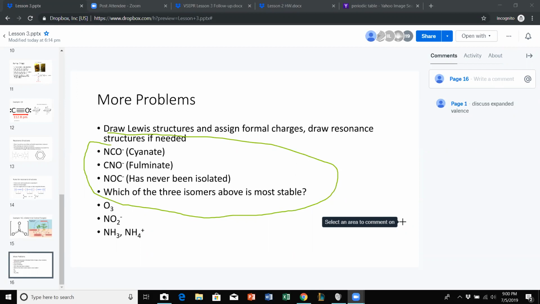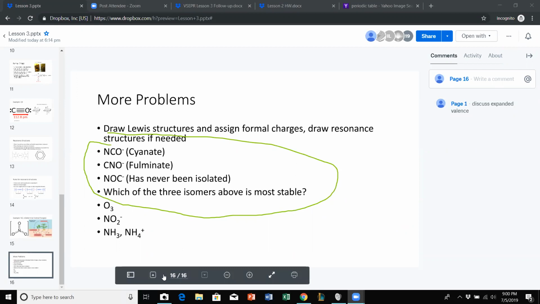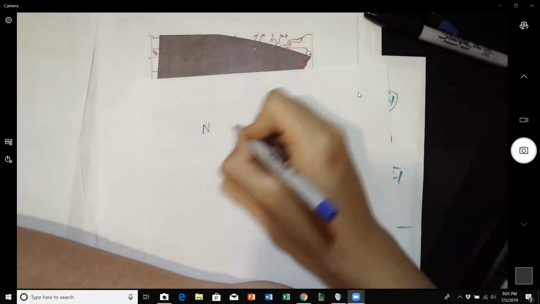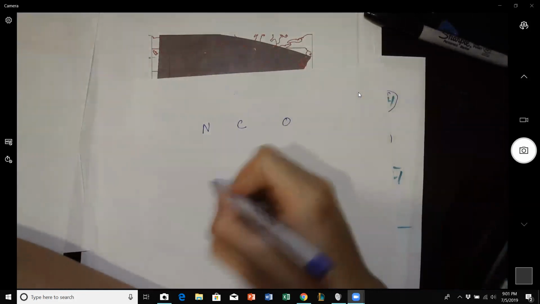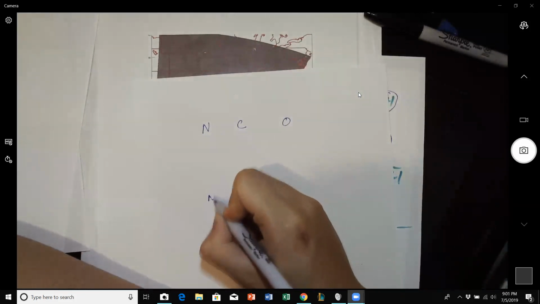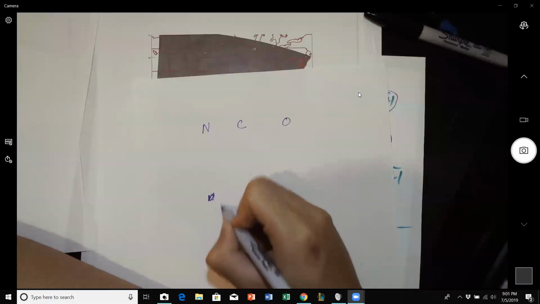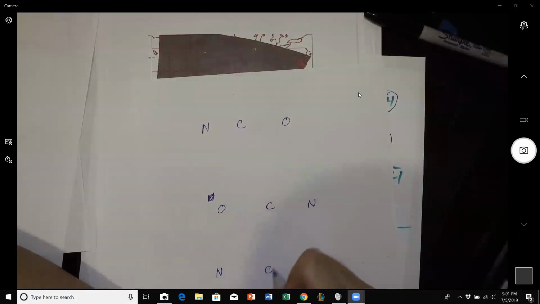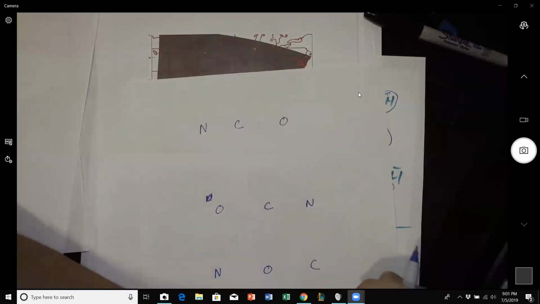Okay. So let's start with NCO. Okay. Oh, let me clear everything. Okay, so we have these 3 different possibilities to arrange our atoms.